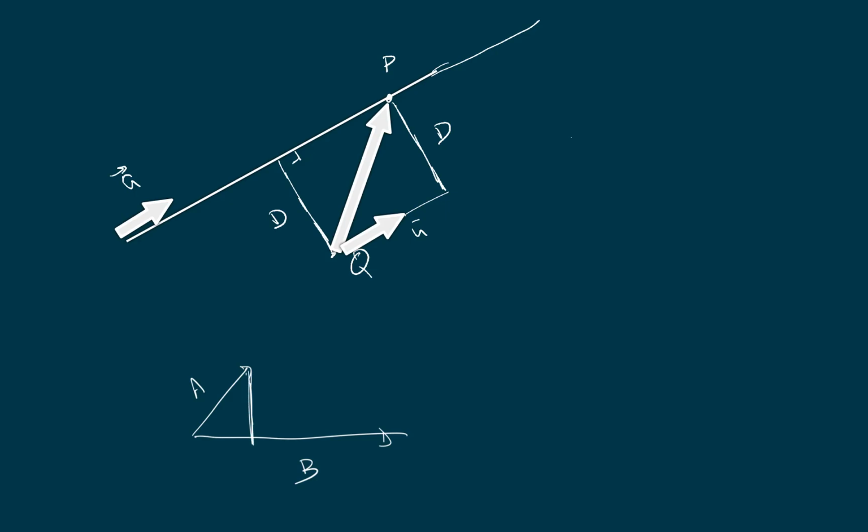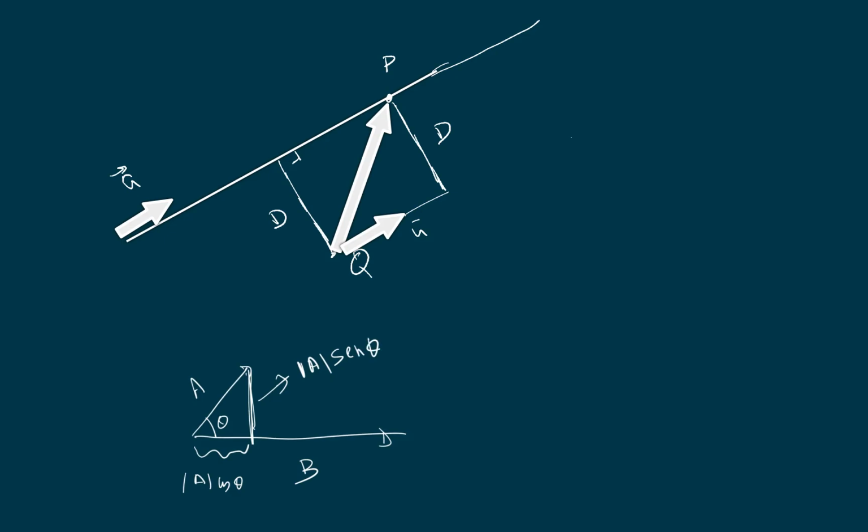This angle is theta. This small part is the magnitude of A cosine of theta, and this part is the magnitude of A sine of theta.